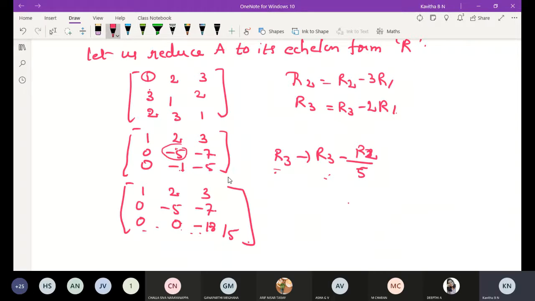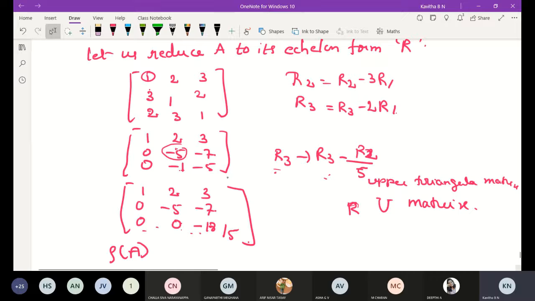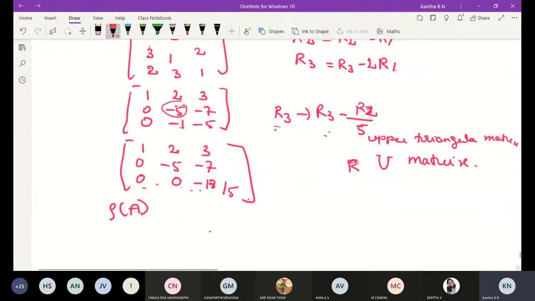The next step: observe the rank of A is 3 here. This is converted to an upper triangular matrix, U. The rank of A is equal to 3.